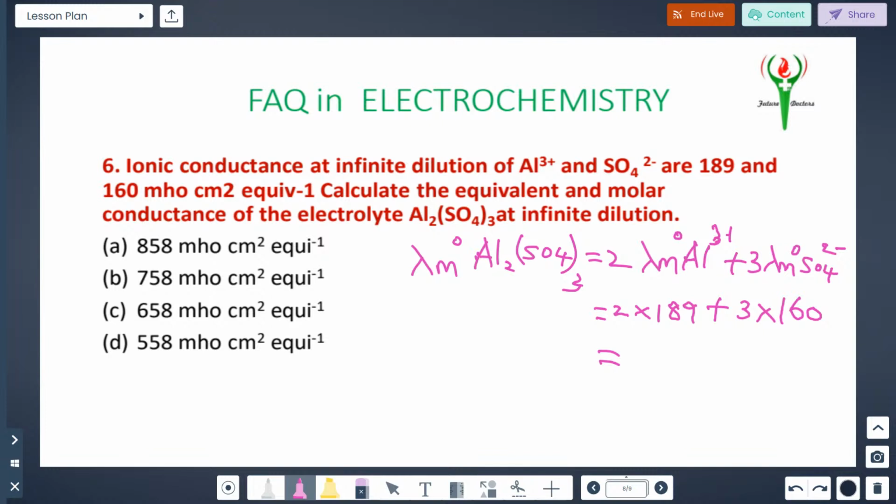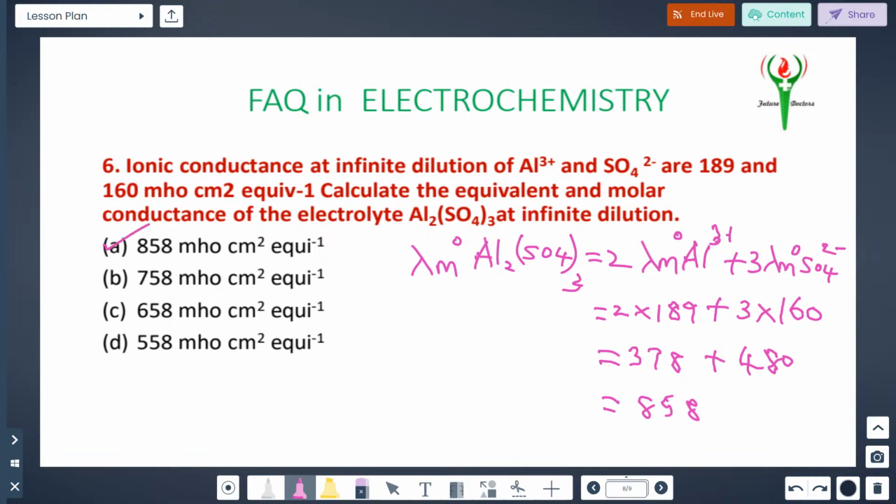Suppose here, if we multiply, we get 378. Plus we multiply, we get 480. Right or not? Then if you add these two, we get the answer 858. Understood? This is the answer.